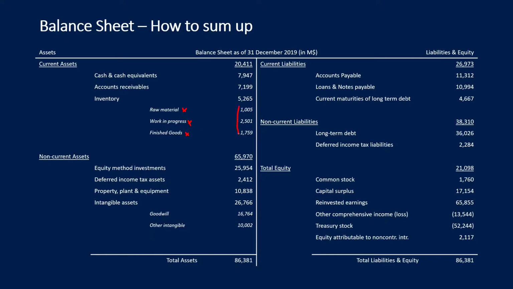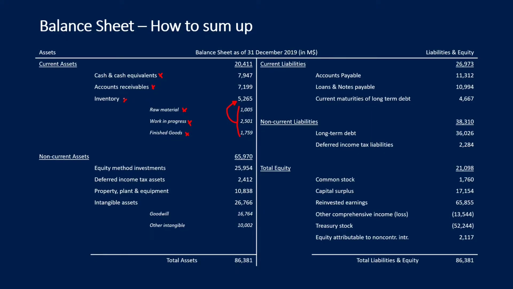All three items together are the inventory. So if you add up 1005, 2501 and 1795, it should be 5265.